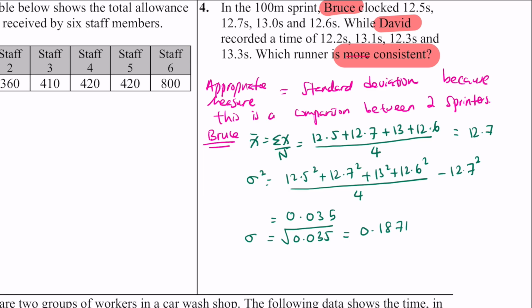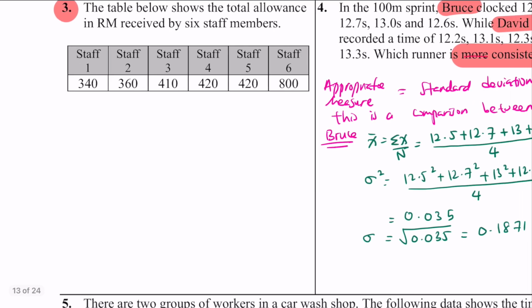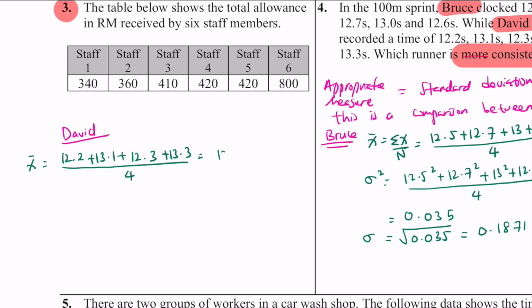So how about David? I do it over here. For David, for the mean, 12.2 plus 13.1 plus 12.3 plus 13.3 divided by 4. So press your calculator, you will get 12.725.